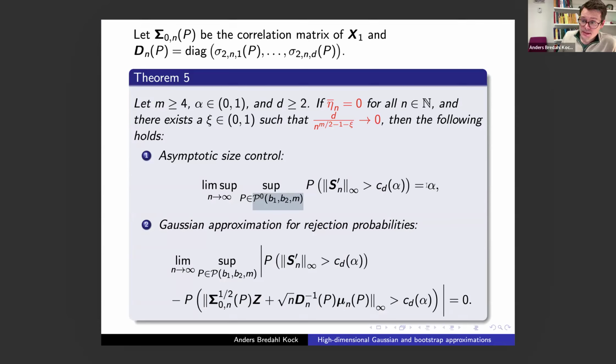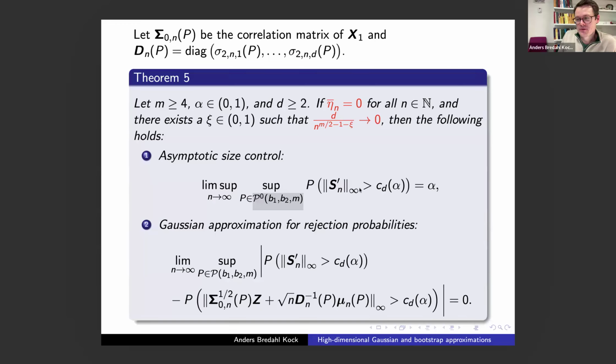Now, there do exist distributions within this family for which the asymptotic size is less than alpha. In particular, if I have a correlation matrix that consists of ones only, such that my maximum is essentially a maximum of one random variable only. So even though I have a d-dimensional vector, if all the entries are a copy of the same random variable, then of course this maximum is just one-dimensional in a sense.